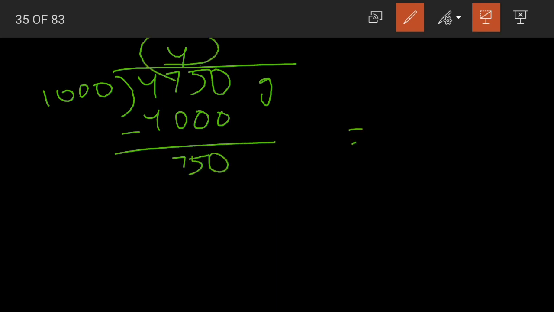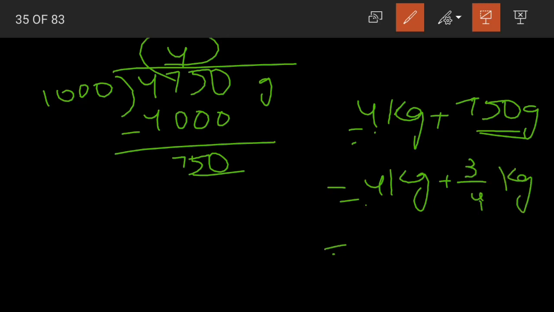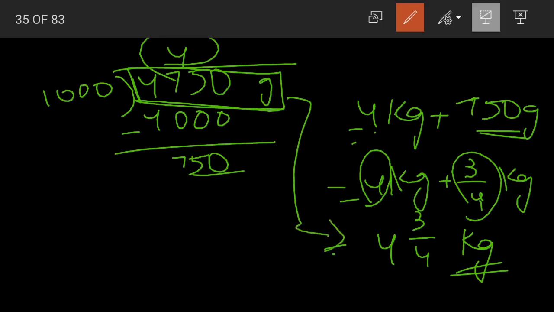So what is the answer here? 4 kilograms plus 750 grams. 750 grams is nothing but how much is it, children? 3 by 4th of a kg. So 4 plus 3 by 4 is equal to 4 3 by 4 and the unit of measurement is kg. 4750 grams is equal to 4 3 by 4 kilograms.